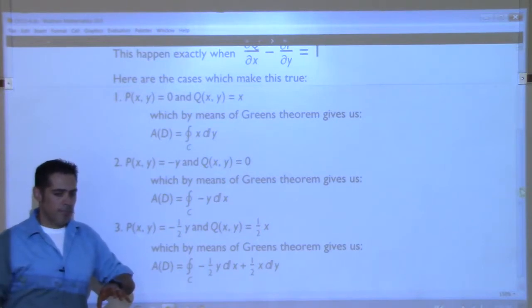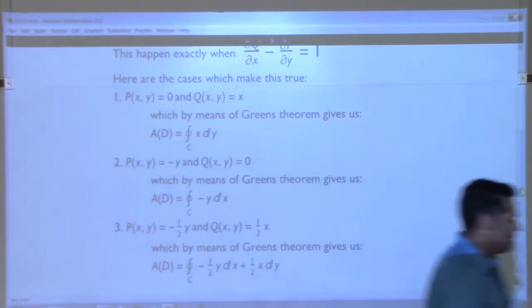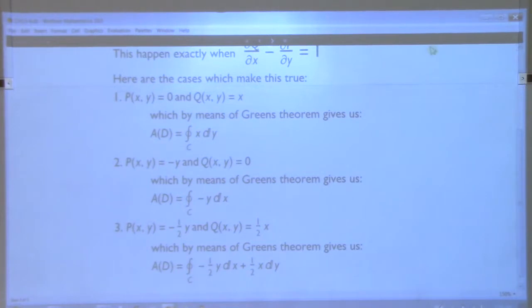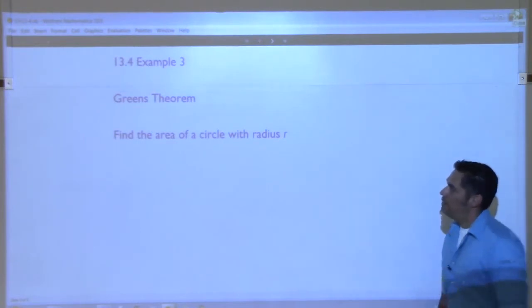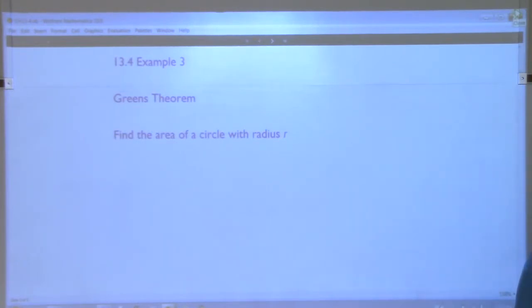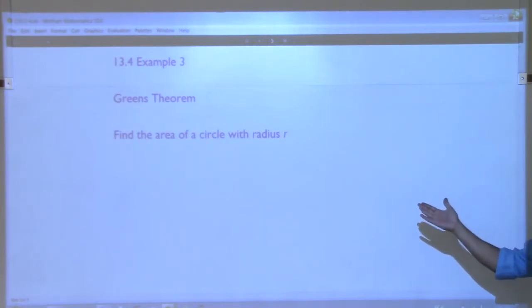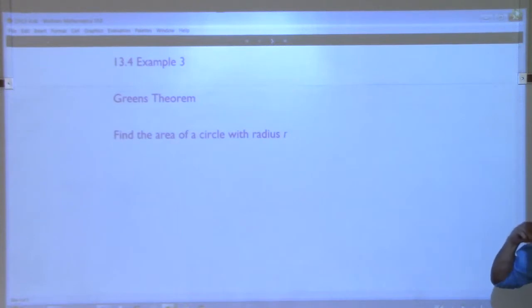All right, so how are we going to use that? I love this example. Find the area of a circle, radius r. So we've already done this, haven't we? We've proven where the formula for a circle comes from. But I'd like to use Green's theorem to do it.